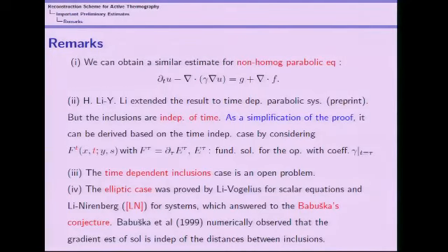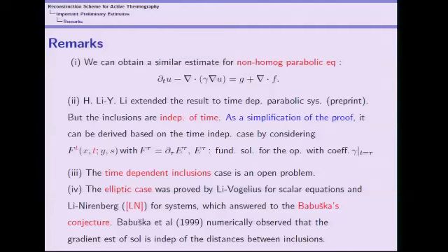They gave their own proof, but there can be another proof based on the estimate we already derived in the case that the coefficient gamma is not depending on time t.